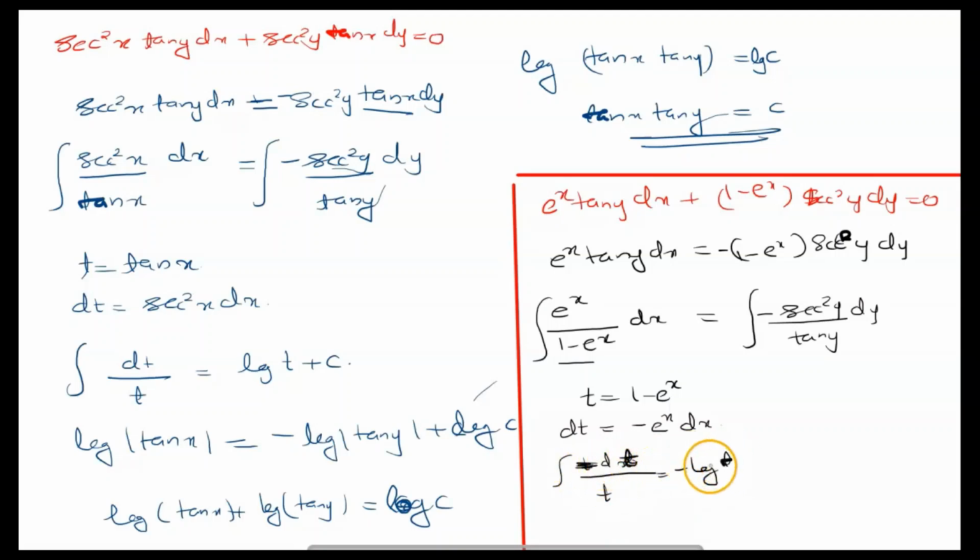Minus 1 by t dt is minus log t. So we can write it as minus log 1 minus e raised to x plus constant c equal to minus log tan y. So let's take log tan y this side.